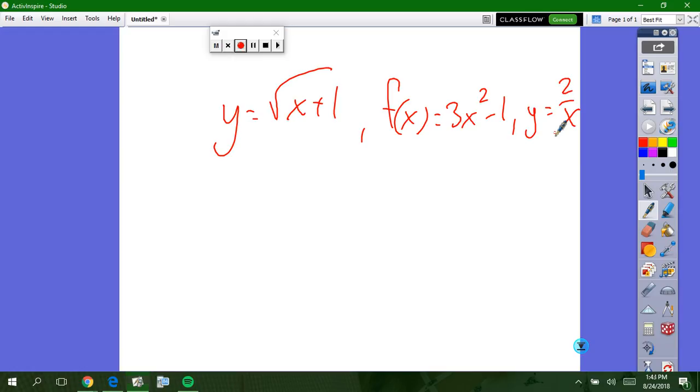A polynomial is, once again, many terms coming together that has your variable being raised to a whole number. Okay, so I'm going to go through and just start writing it. You guys tell me whether it is or not.